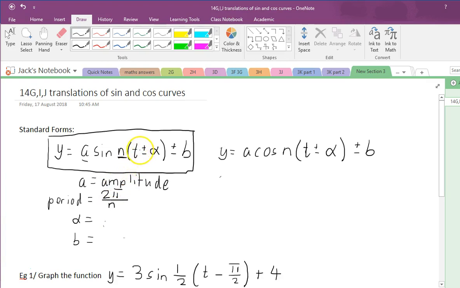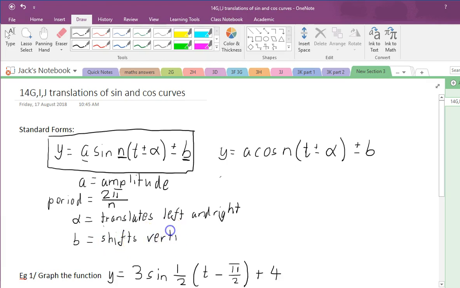Okay, then in the brackets, along with the angle, we've got alpha here. So alpha translates left and right, or horizontally, I probably should have written, and then the extra coefficient on the end, or the constant term, b, just shifts vertically.